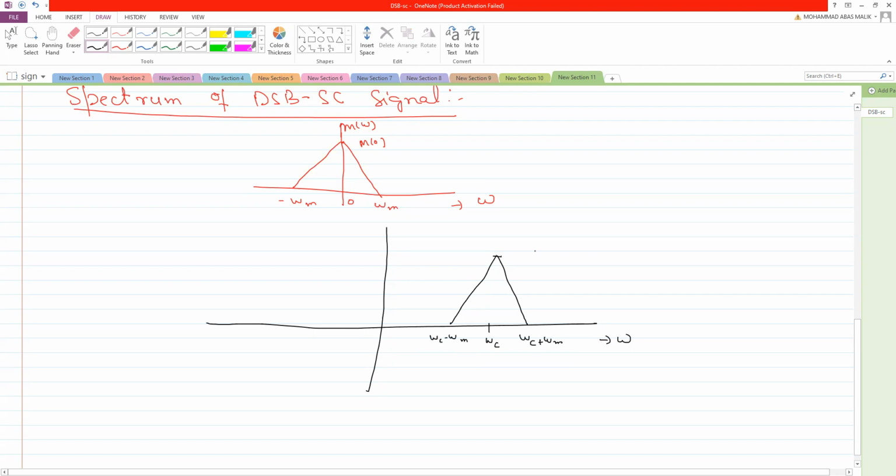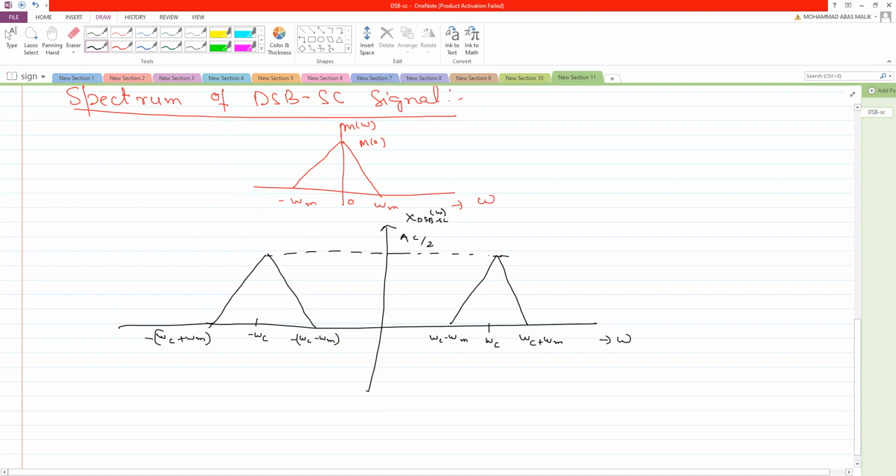And this component will be your Ac by 2. Similarly, here you have minus omega c. This is minus omega c minus omega m, and this is minus omega c plus omega m, and this value here will be your Ac by 2, and this is just your X DSB suppressed carrier(omega).